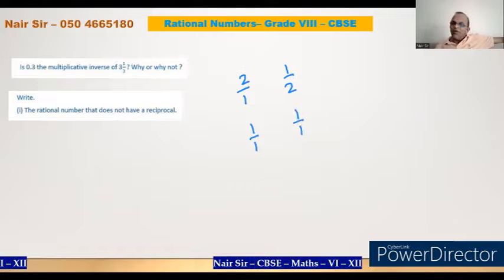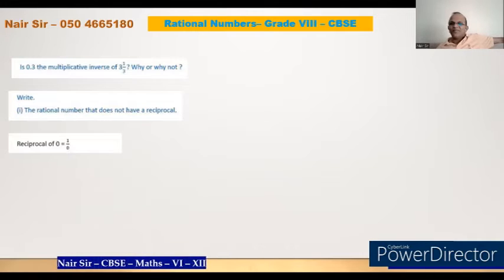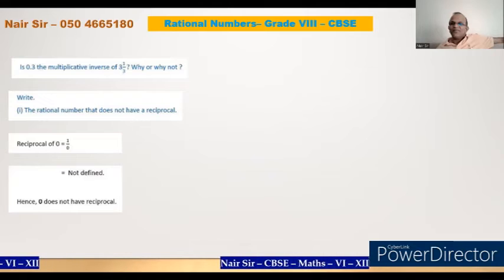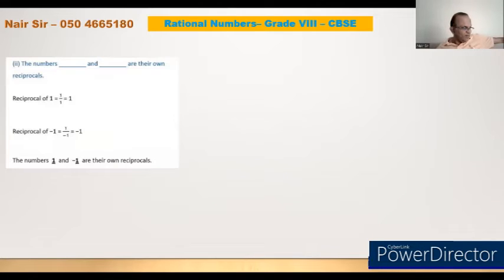It can be written as 1 upon 1. Only thing is, this has come over here and this has come over here. 0 upon 1 becomes 1 upon 0. But 1 upon 0 is not defined. So, 0 is the rational number that does not have a reciprocal. Clear? Yes. Next.